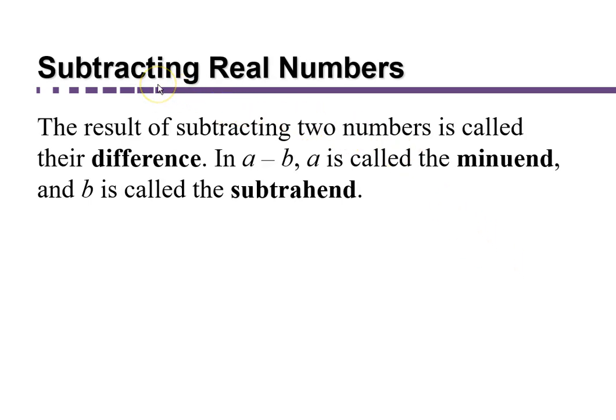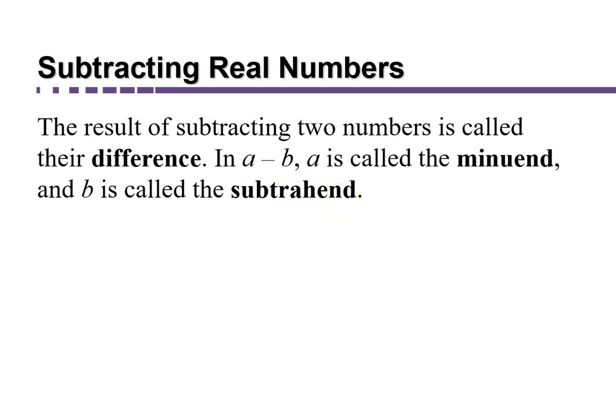Now, for addition, we just went over that. Now, subtraction, we look at these two terms, A and B. When we are subtracting, the A is called the minuend. Again, that's a word you may not know. And the B term is called the subtrahend.